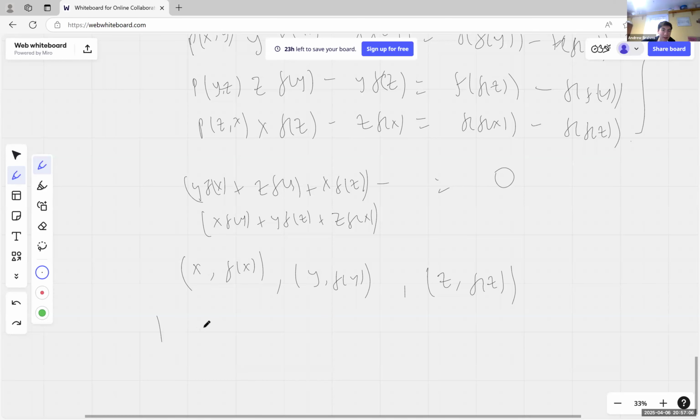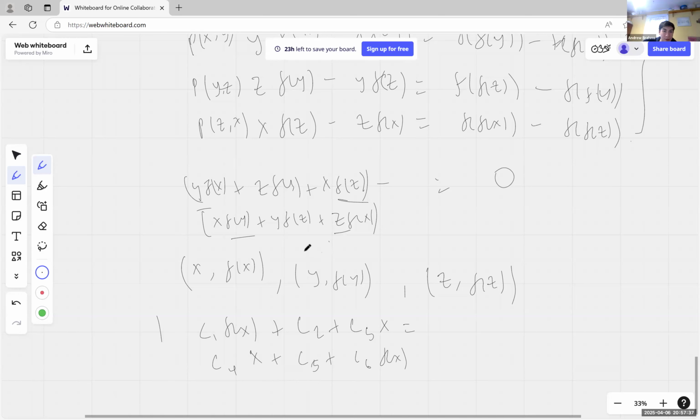If you have some constant c1 f of x plus c2 plus c3 x is always equal to c4 x plus c5 plus c6 f of x, the issue is that you have this z and y and f of y, f of z.